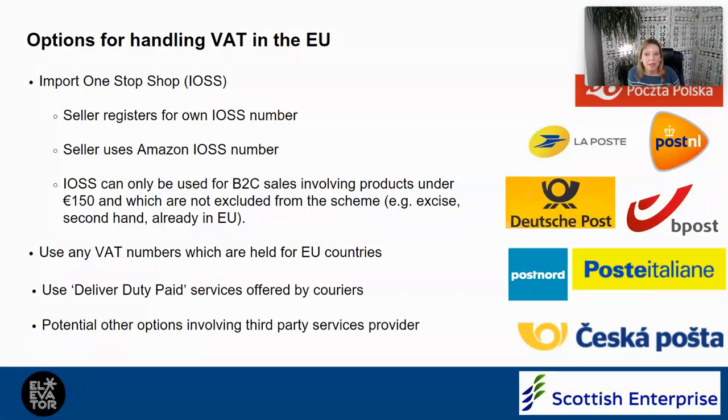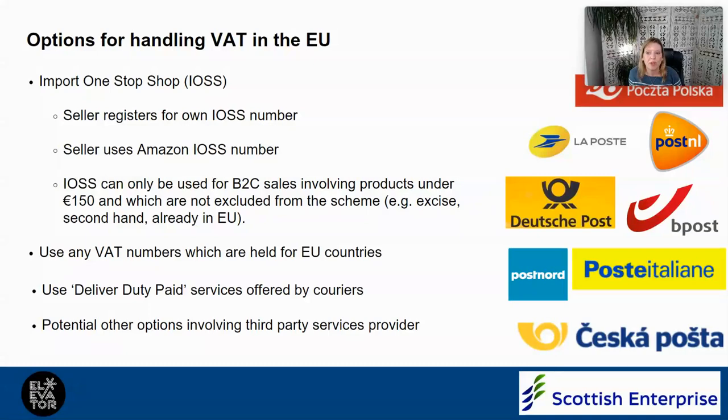Any seller who is operating outside the EU, including the UK, can register for an IOSS number instead of using multiple EU country VAT numbers, okay? They can register for an IOSS number with any EU country of their choice. Thereafter, their EU customers will continue to just see and pay a normal VAT inclusive price on their product.